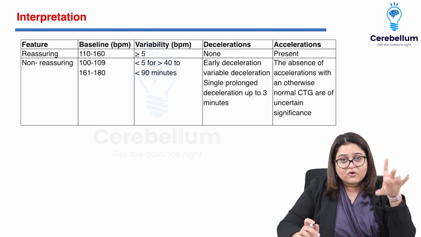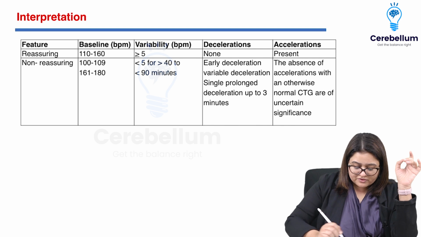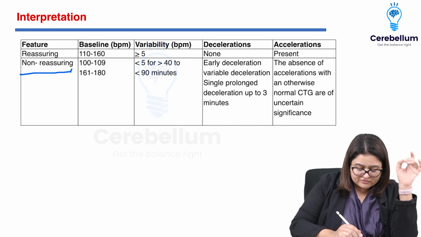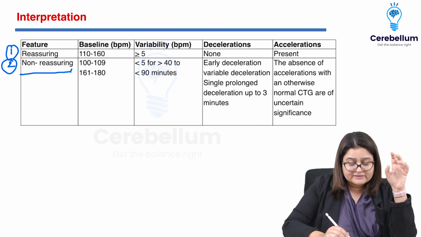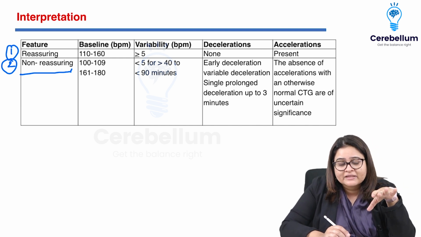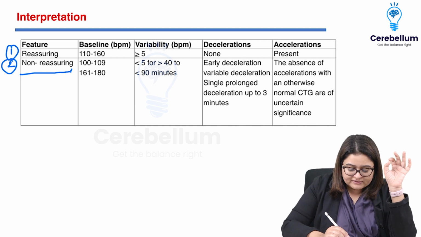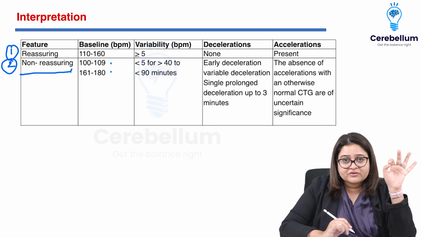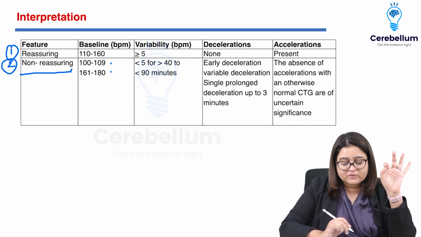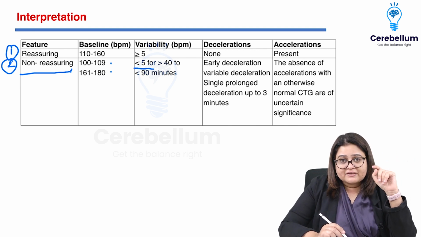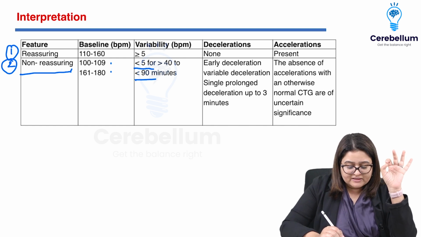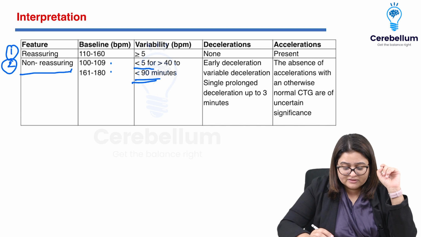Then comes a non-reassuring CTG. What is a non-reassuring CTG? So the first is reassuring, second is non-reassuring. Non-reassuring is when there is mild brady or mild tachy, that is, the fetal heart rate 100 to 109 or 161 to 180. The variability is less than 5, but it doesn't last more than 90 minutes. Okay, it could be less than 5 but lasting for less than 90 minutes.